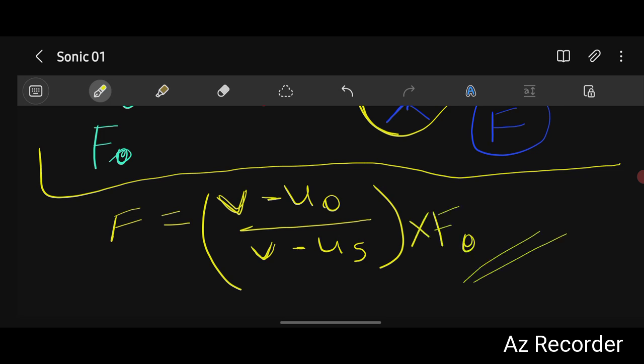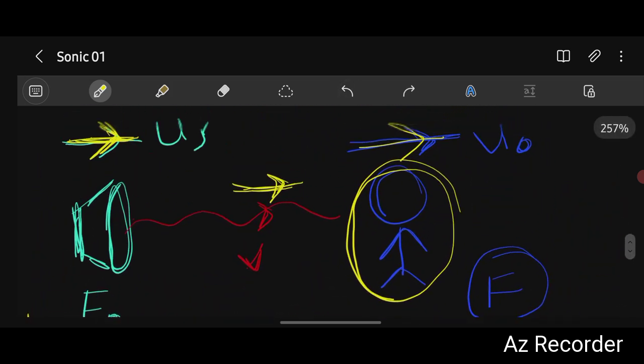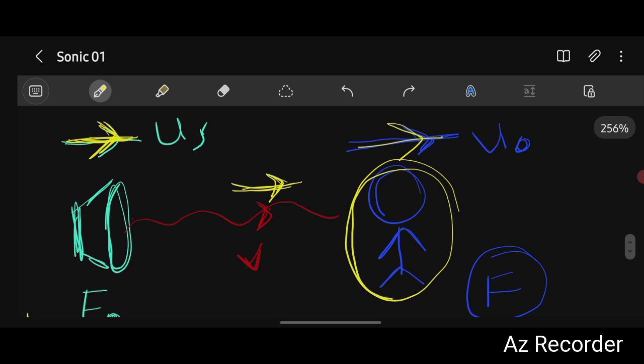This is the Doppler frequency heard by the man when both the source and the man move in the same direction.